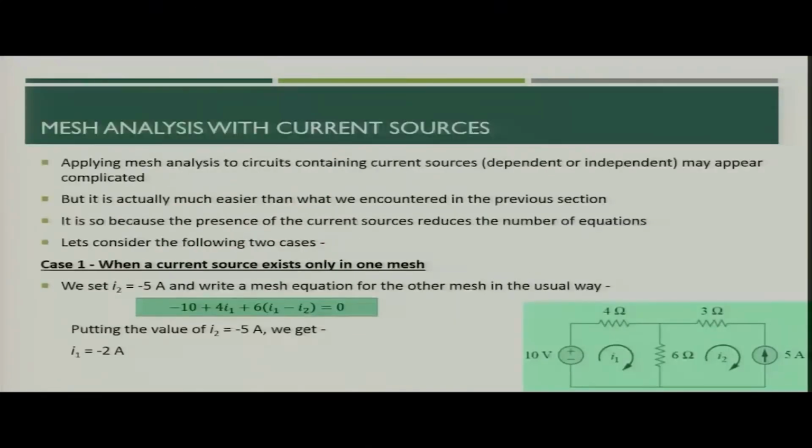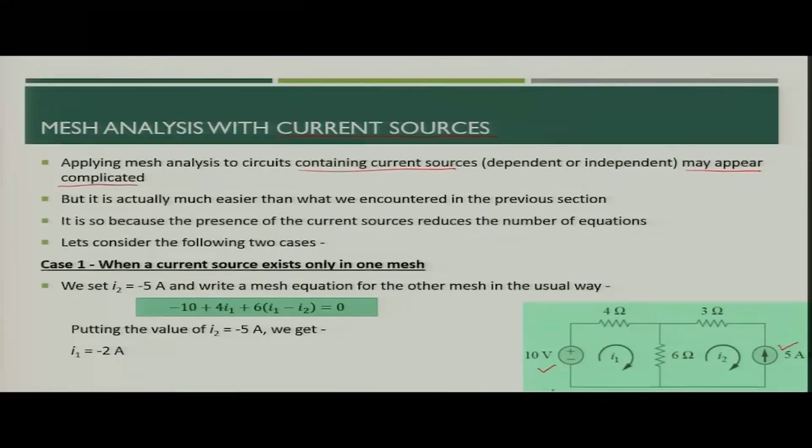Now, let us come to another important concept of mesh analysis, where the source is not simply a voltage source. Here the source is the current source. Now, if you apply mesh analysis to a circuit with a current source, it looks very complicated. If you see this figure, where a current source is there, and a voltage source is also there.